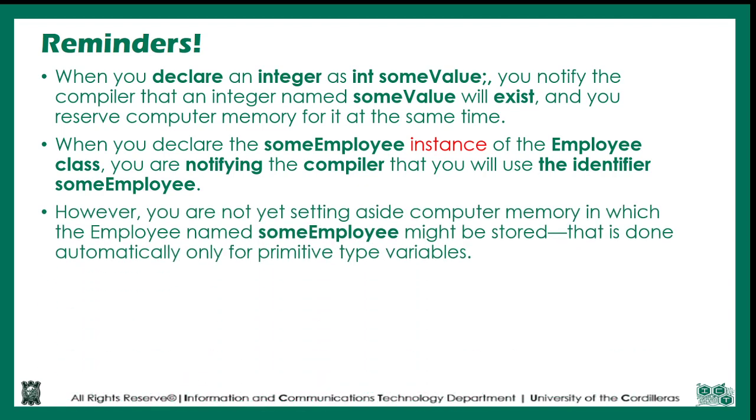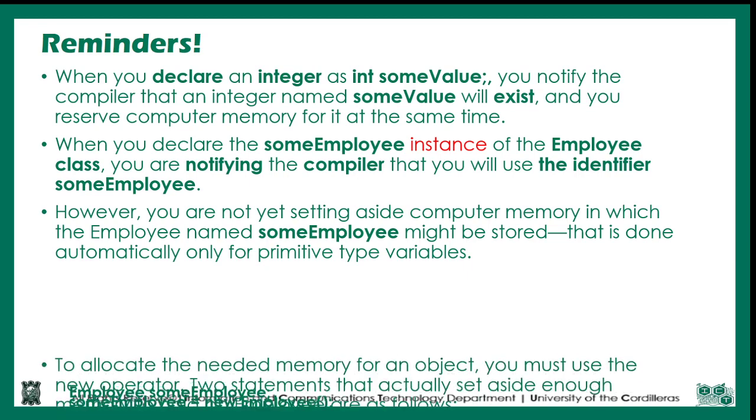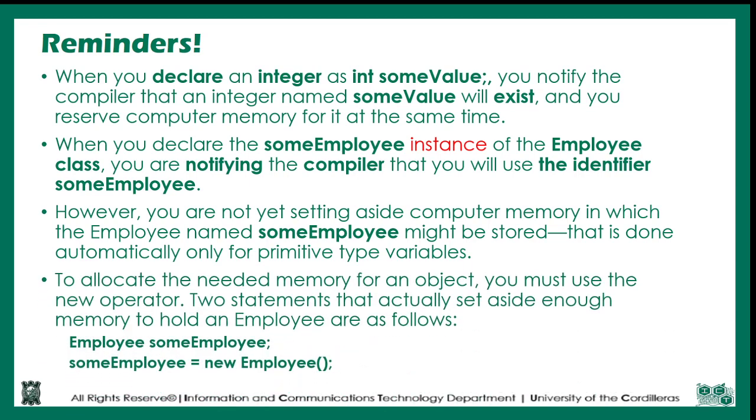However, you are not yet setting aside computer memory in which the employee named someEmployee might be stored. That is done automatically only for primitive data types. So to allocate the needed memory for an object, you must use the new operator. Two statements that actually set aside enough memory to hold an employee are as follows.